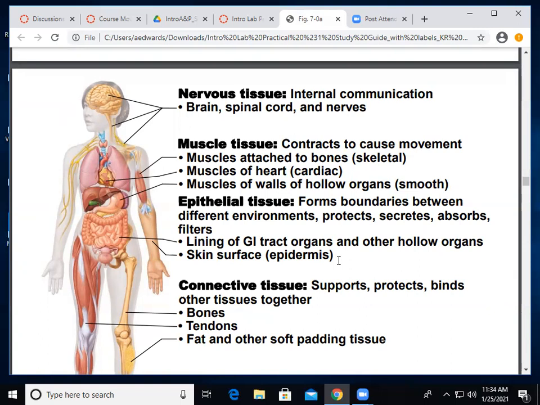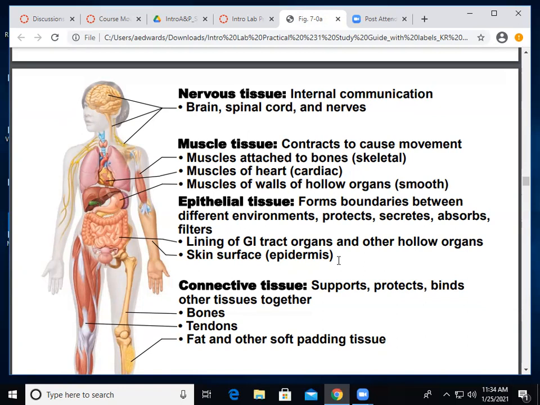So we have 3 different kinds of muscle tissue. We'll cover this more a little bit later. We have skeletal muscle, which is muscle attached to your bones. And you've got cardiac tissue, which is muscles in your heart. And we have smooth muscle tissue, which is muscles in the walls of hollow organs like your intestines or your blood vessels.